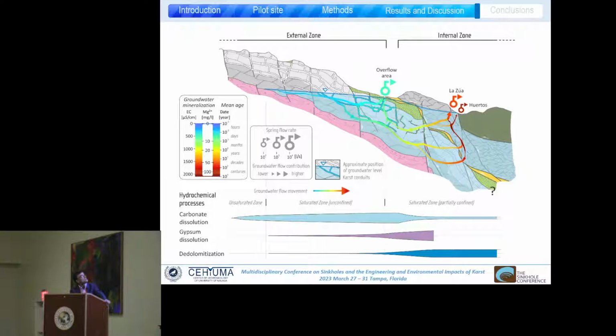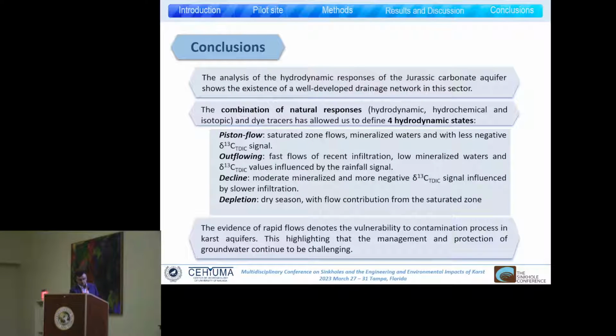So the water does like this, more mineralized water is going to the overflow. But then when the rainfall infiltrates, this dilute water is also there during the peak of the discharge. So it's more or less the result we would like to show.